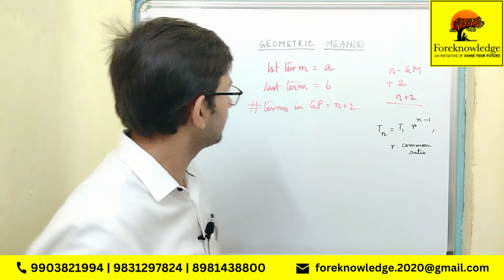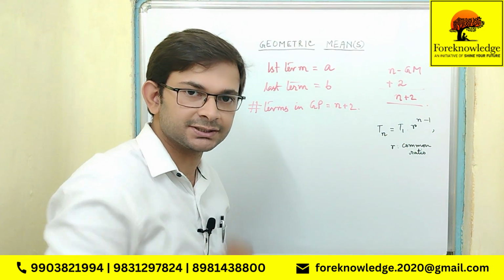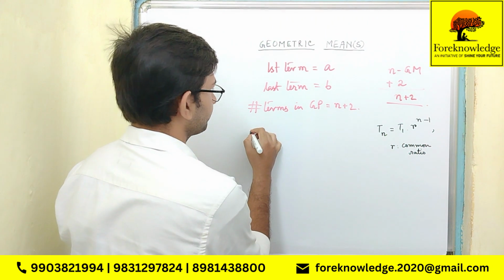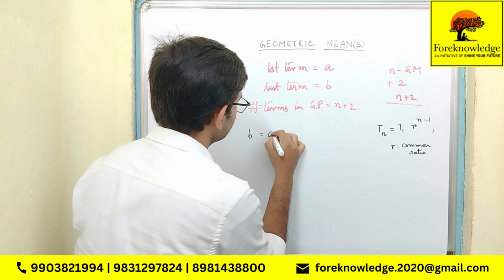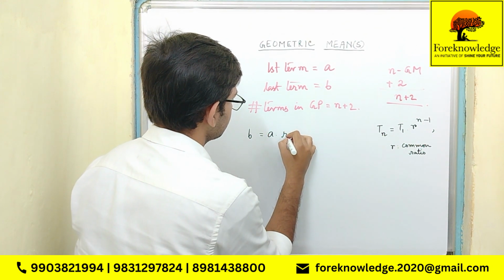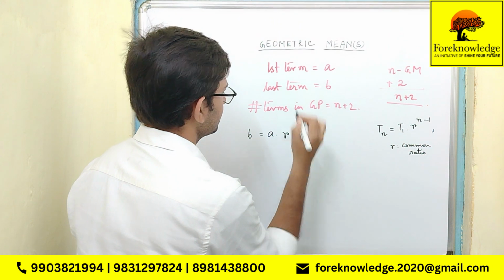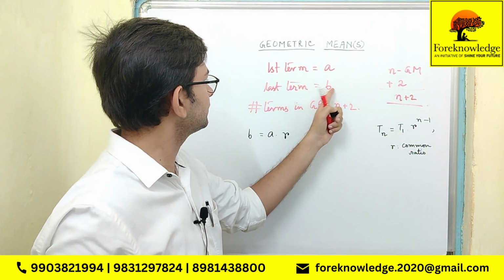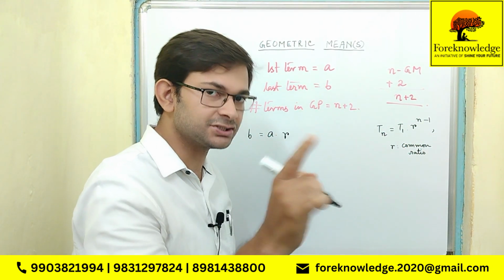Now we have to find the r for this case. The last term b equals the first term a into r to the power, what is the term b? B is the n plus 2th term, the last term of the GP.